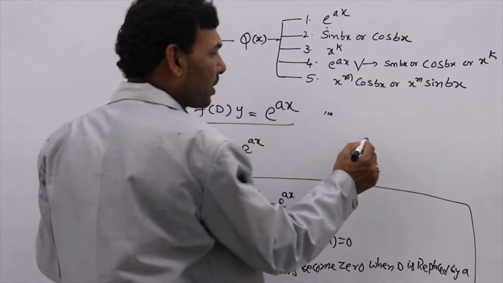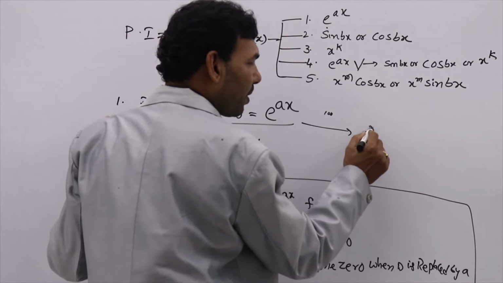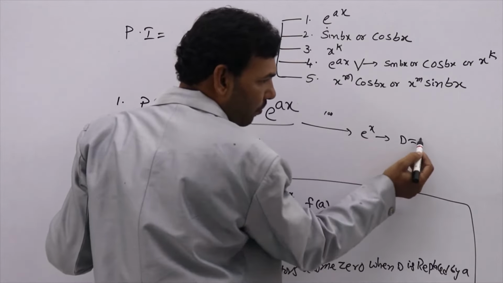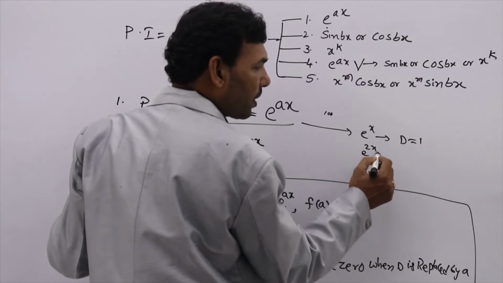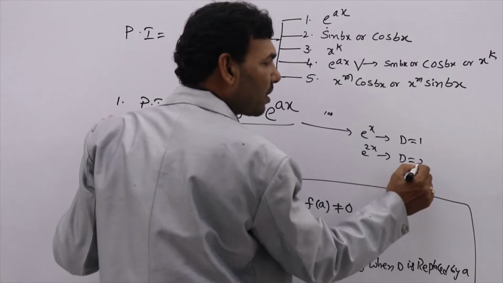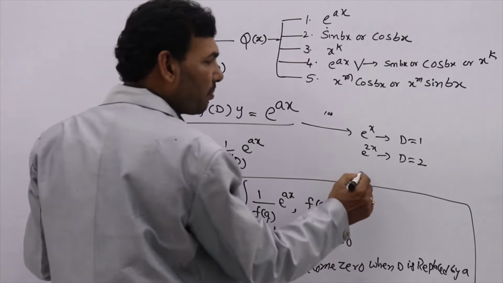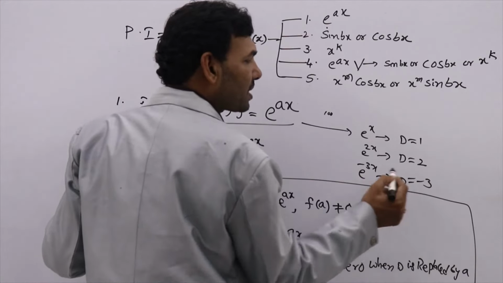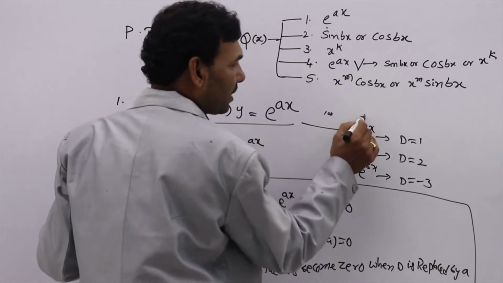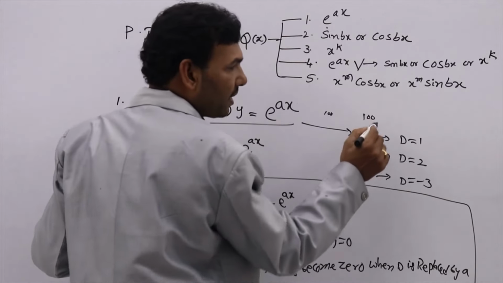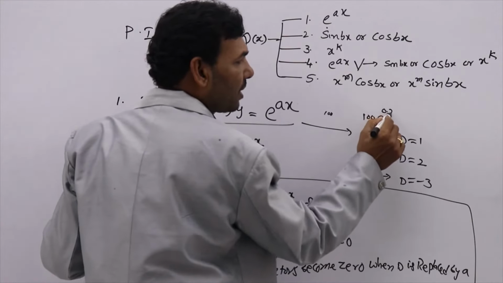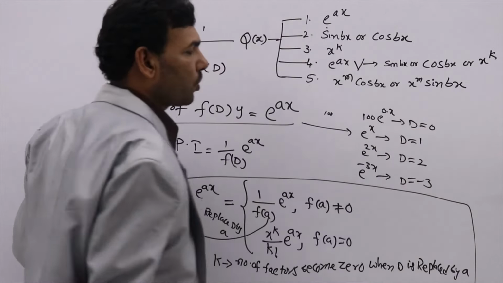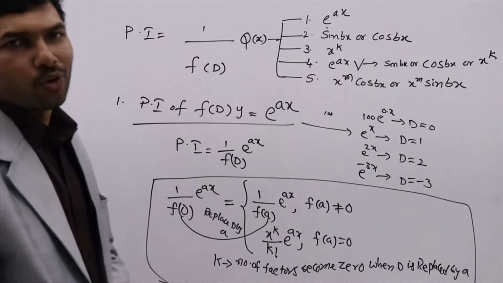What I am saying is, if you have e power x, write 1 in the place of D. If you have e power 2x, write 2 in the place of D. If you have e power minus 3x, write minus 3 in the place of D. If you have some number like 100, assume you have e power 0 into x, and replace D by 0. So, a very easy rule.